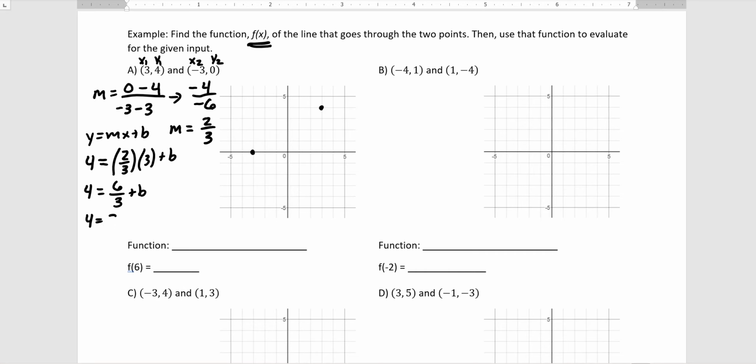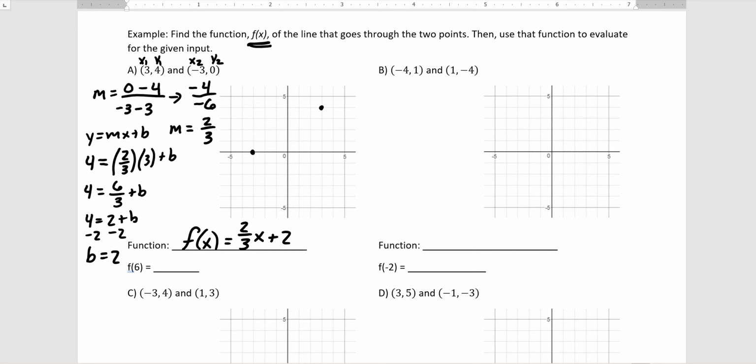So 4 equals 2 plus b. So subtract 2, and I'll find that b equals 2, which means that my function f of x equals 2/3 x plus 2.